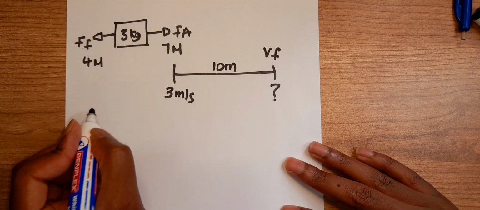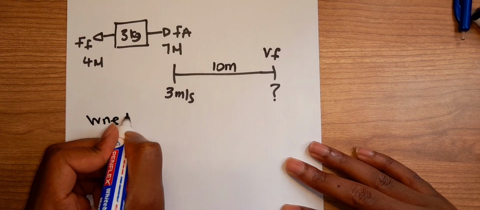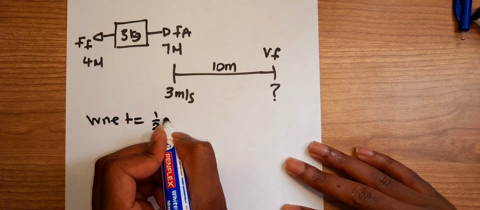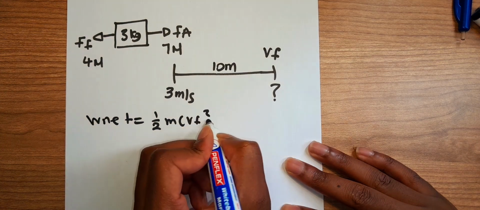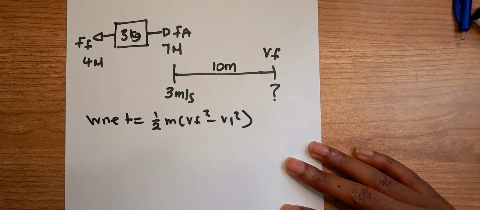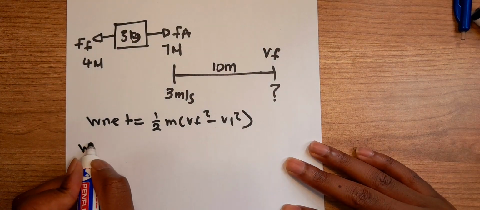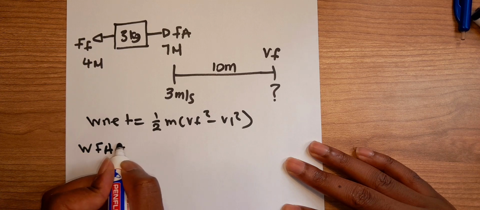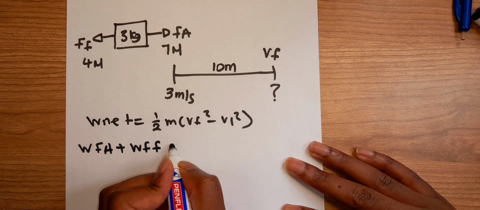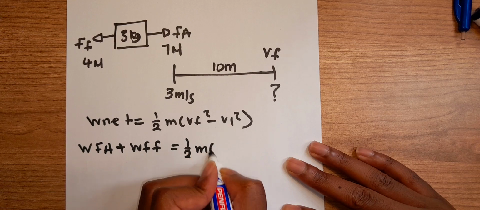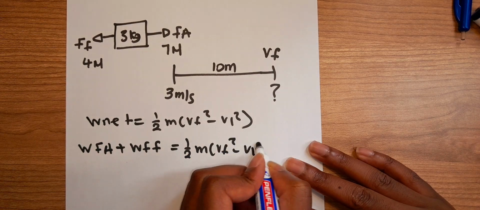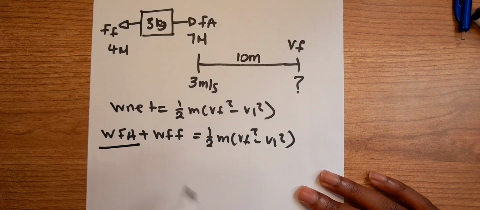Well, you're going to say the net work equals 1 over 2 m times v final squared minus v initial squared. From the previous video, we know that we're only going to focus on the work done by the force applied plus the work done by friction, which equals 1 over 2 m times v final squared minus v initial squared. What is the work done by the force applied?